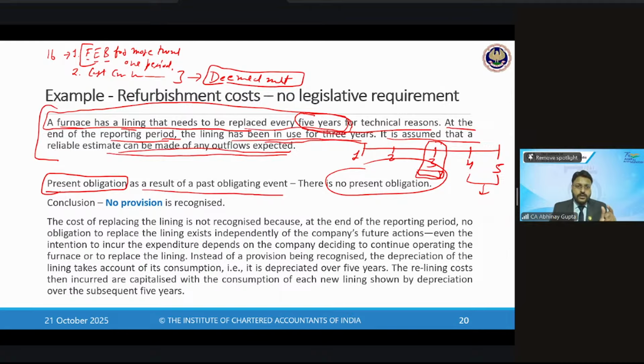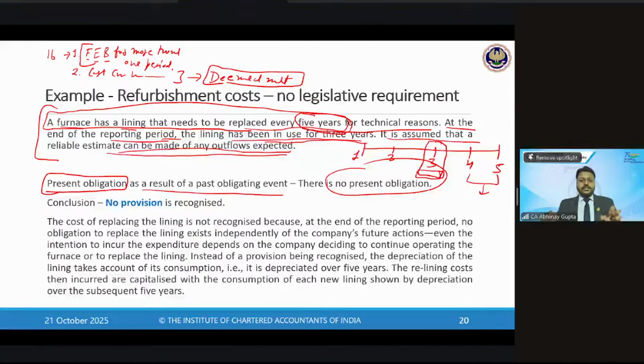The WDV of the old lining will be credited, and scrap account will be debited, right? Scrap account to old lining. Or if it is sold at the very same time, then simply bank account to old WDV. Correct? So no question of Ind AS 37 in this example, right?